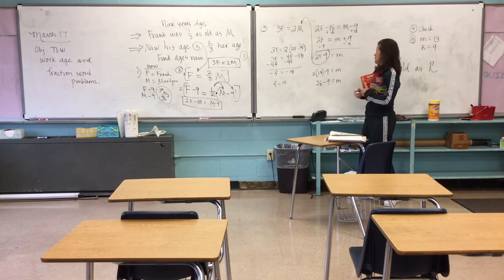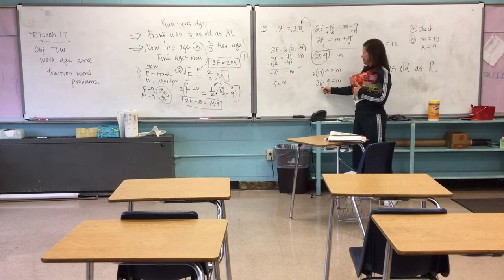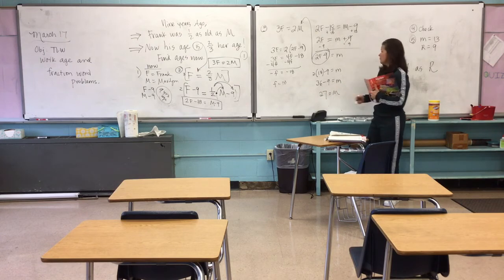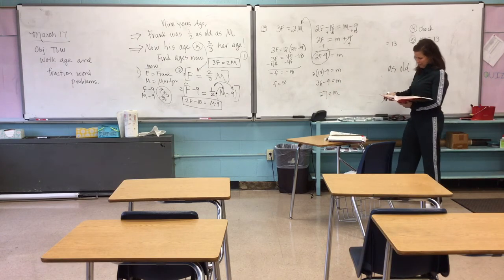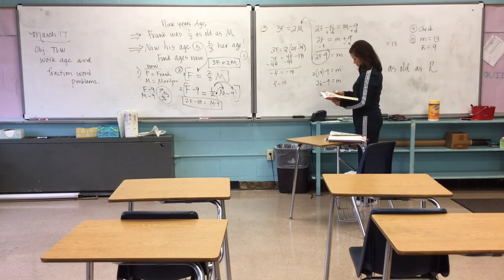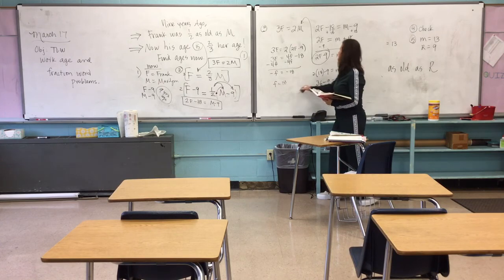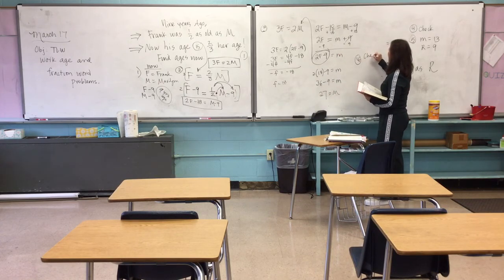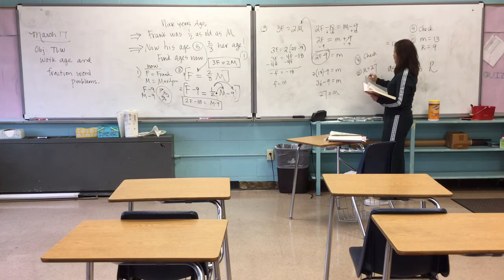Oh, 36 minus 9. 6 is 30. 27. Marilyn is 27. So that's what we have. We have Frank is 18, so step 4 is to check. Step 5 is to state the answer. Marilyn is 27 and Frank is 18.